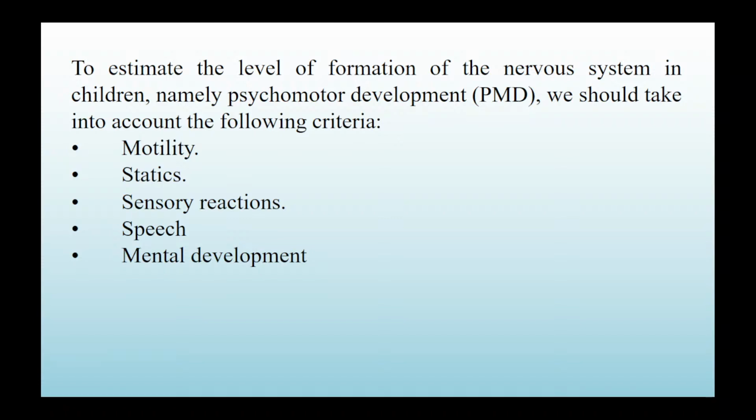To estimate the level of formation of the nervous system in children, namely psychomotor development, we should take into account the following criteria: motility, statics, sensory reaction, speech, and mental development.